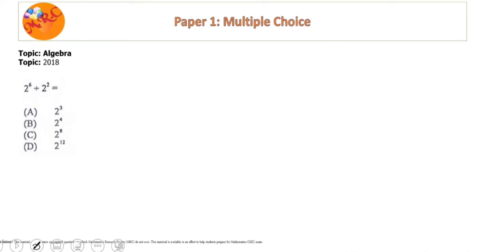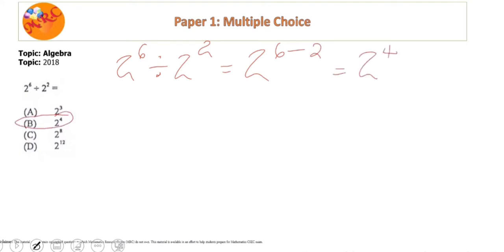2 to the 6th divided by 2 to the 2nd. This is quite simple because we're dividing indices. We know that we subtract the powers. So it's 2 to the 6 minus 2, which gives us 2 to the 4. That means our answer is B. However, if we wanted to use another method, we could have expanded the 2 to the 6.